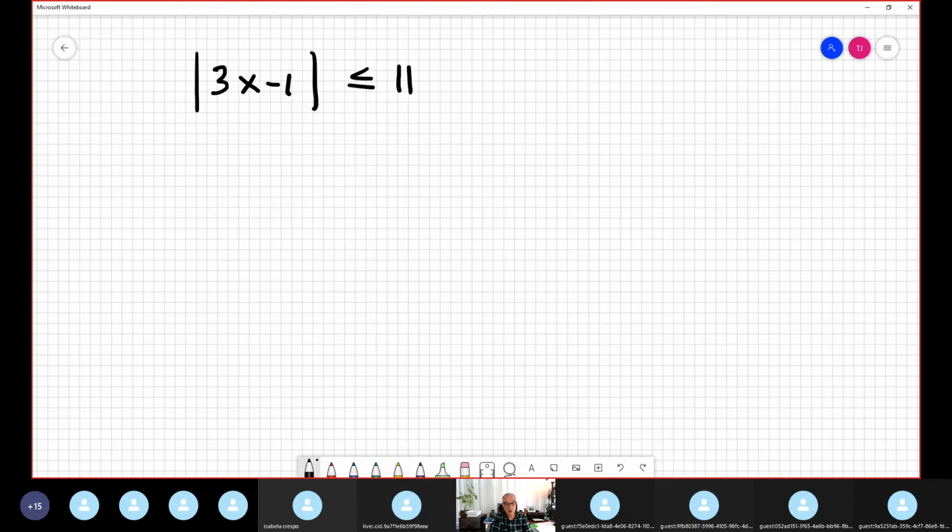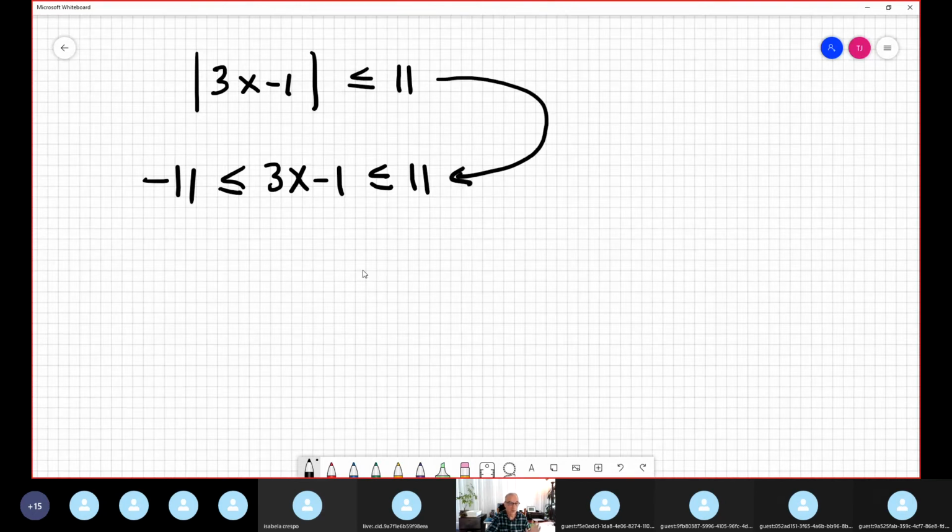One piece, because it's less than. Remember, yellow is less than, green is greater than, two pieces. Less than, one piece. Greater than, two pieces. So now it's easy. You remove the bar, 3x minus 1 between 11 and negative 11. You transform the original problem into this compound inequality. And the rest is okay.